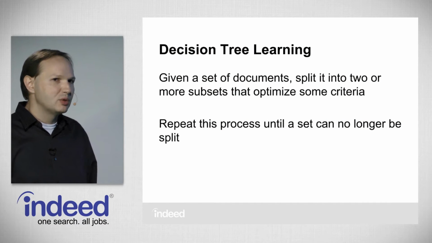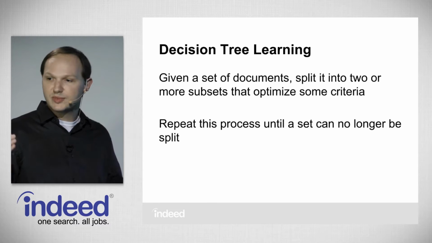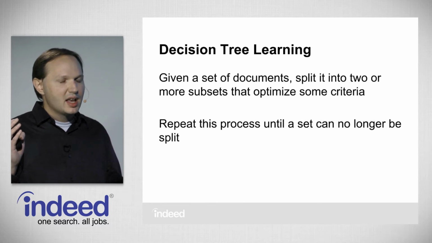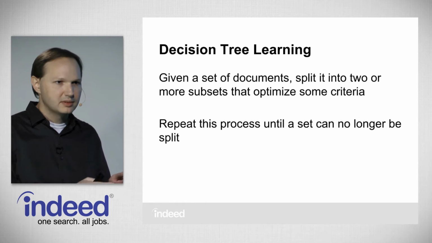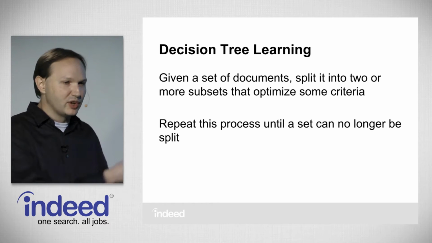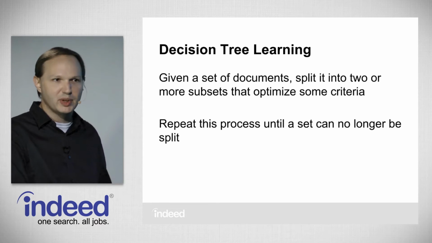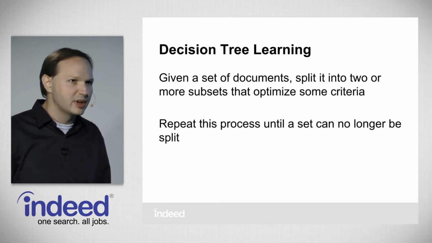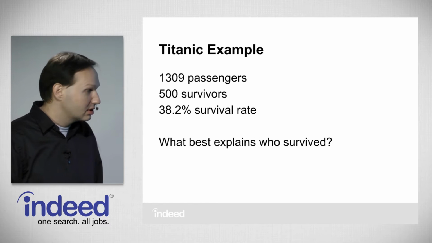The process is you start with all the data you have, I'm going to call them documents, and you find a way to split it into pieces that optimize some criteria. Then you repeatedly do that for each of those pieces that are left over until you're down to something that you can't split up more, or you just do this some number of iterations. I'm going to go through an example.